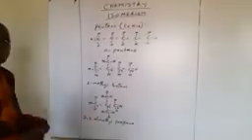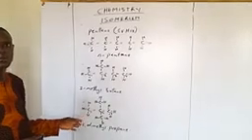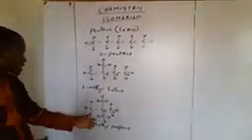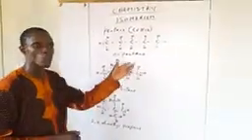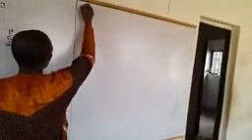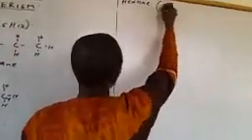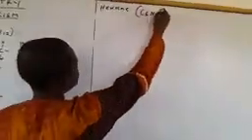From this one, we move on to the next one, which is 6 carbons. On 5 carbons, we have exhausted the isomers. Let's move on to the next one, and that is hexane. Hexane is what? 6 carbons, C6H14.